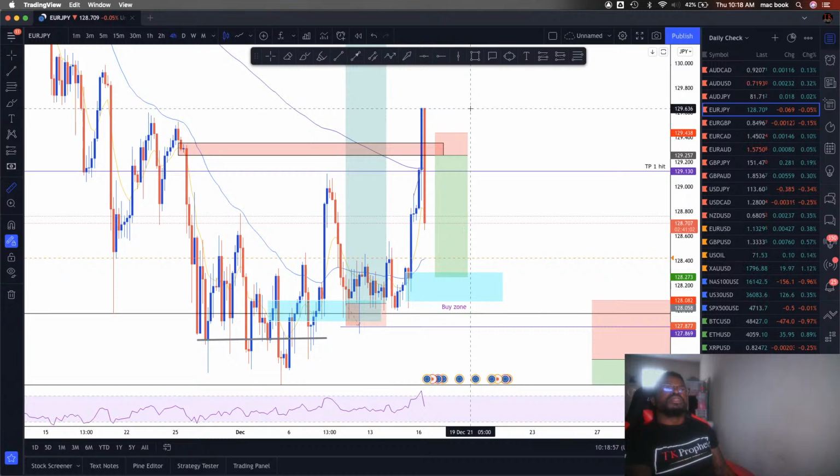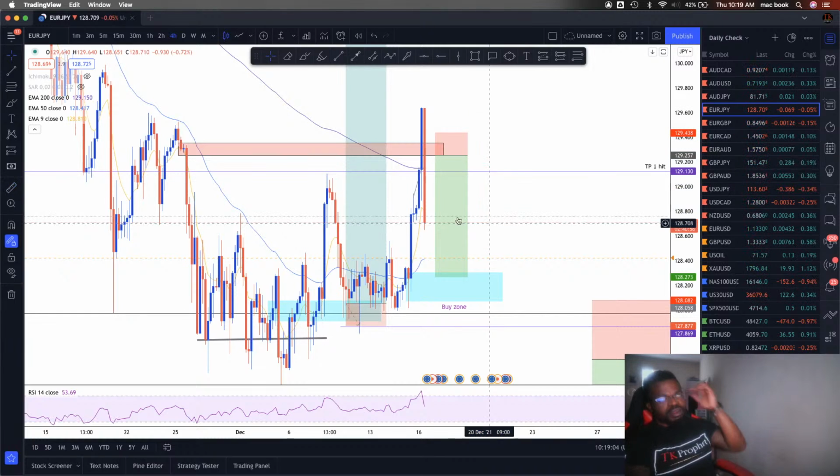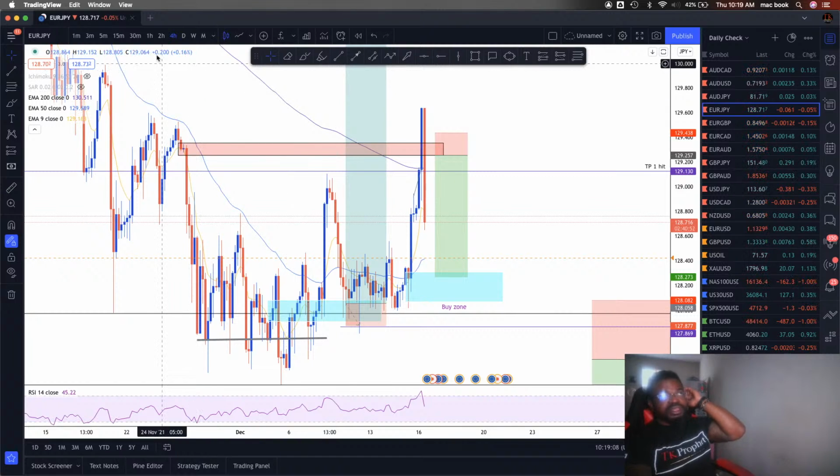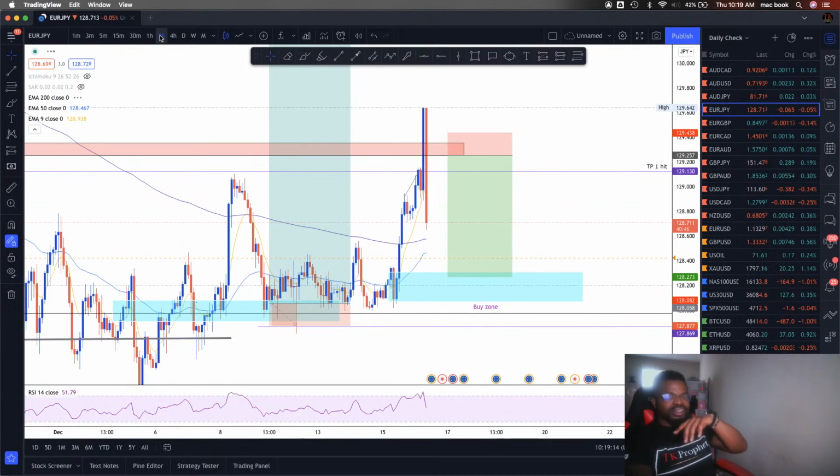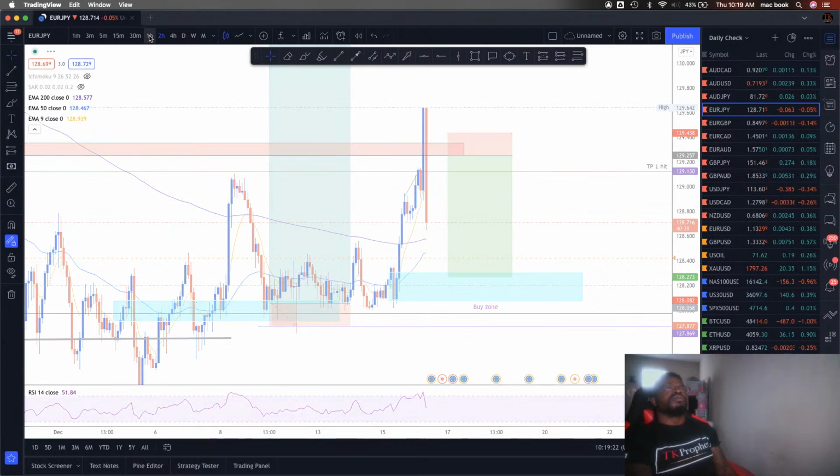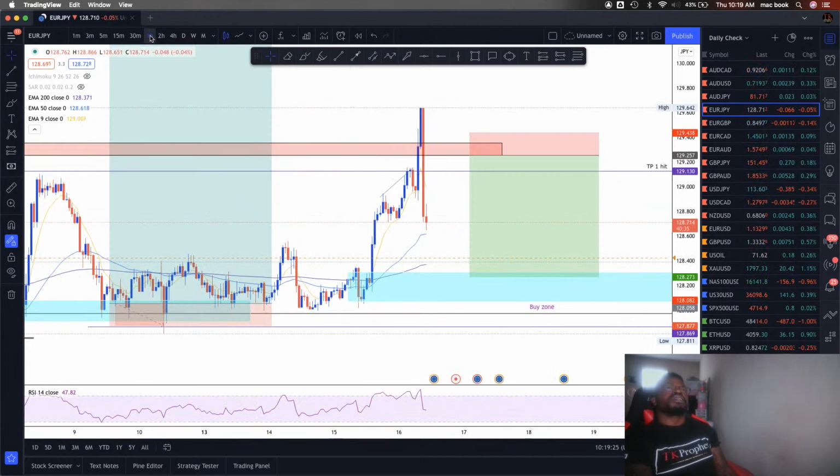But that's a 90 pip drop in one candlestick. Pretty much, it's beautiful. A beautiful move. But we saw this happening during the London session this morning, but it wasn't finished developing. So we missed this setup.